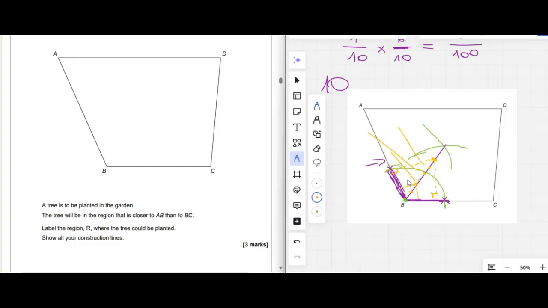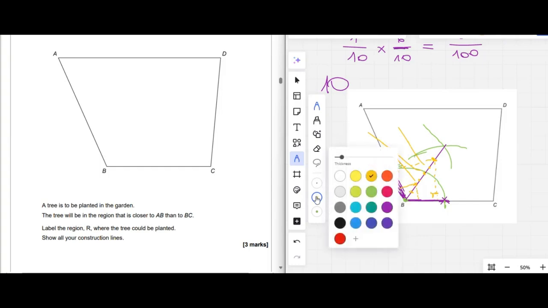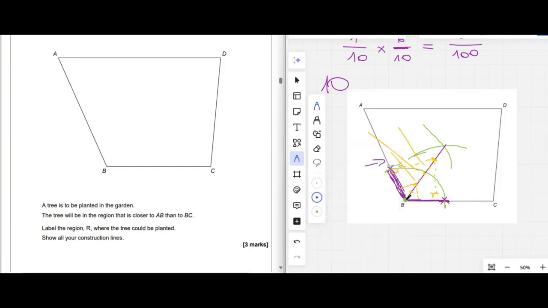So if you want to make it closer to AB, we need to exclude that line. So make it just dotted. I think we should make that line of the bisector as long as possible, to cover the whole garden, and make it dotted, for example, with an eraser.